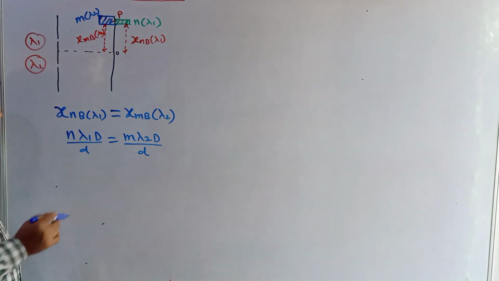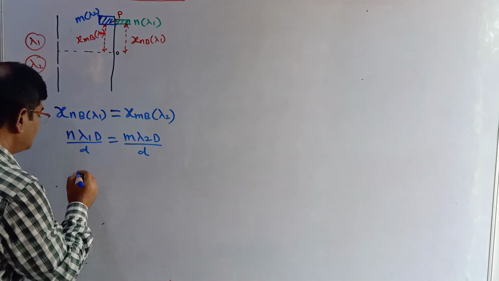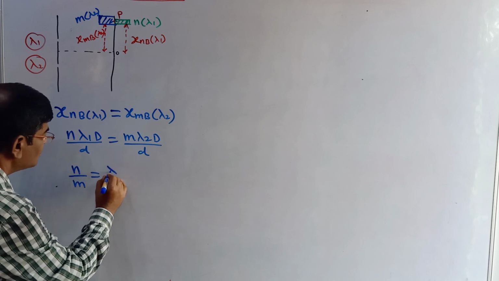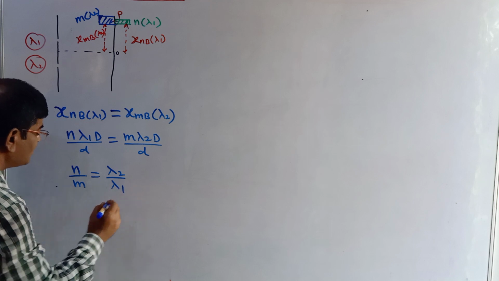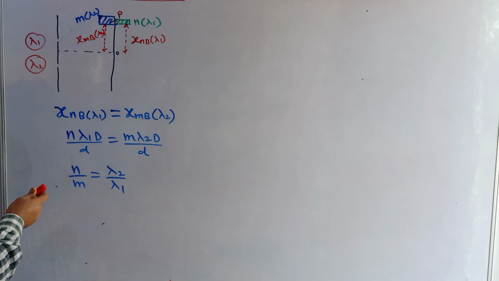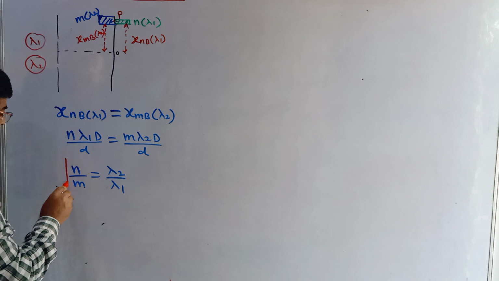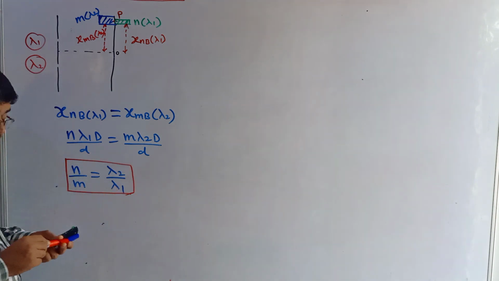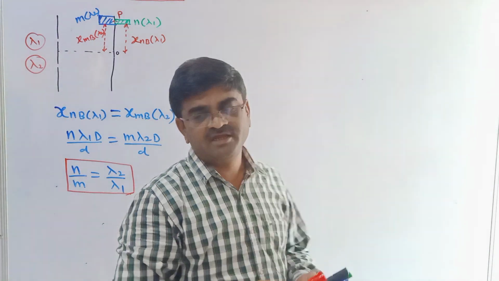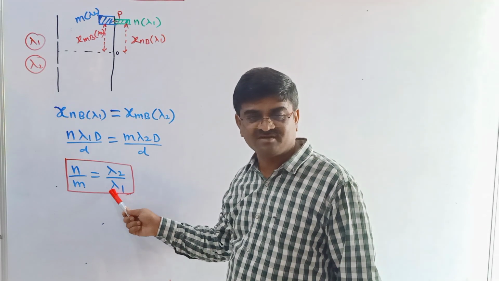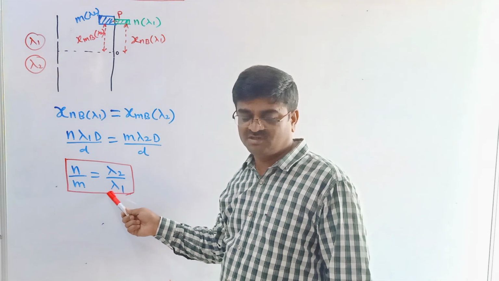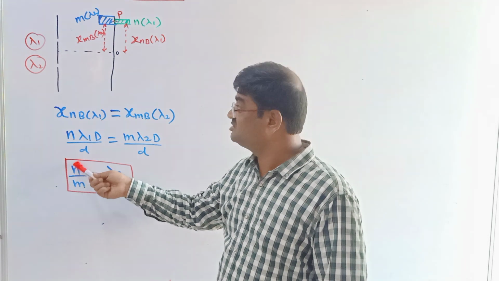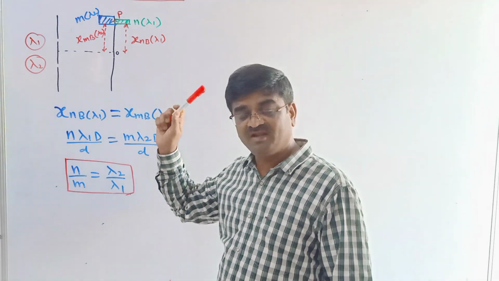This is going to get cancelled. And what I have got is n divided by m equal to lambda 2 by lambda 1. So whenever I happen to deal with a question of overlapping of the fringes, just recall this equation. So what is that equation for? It is the ratio of fringe number of wavelength lambda 1 and lambda 2.